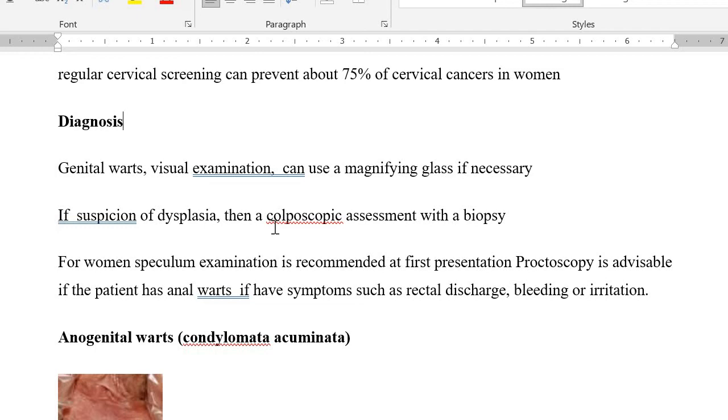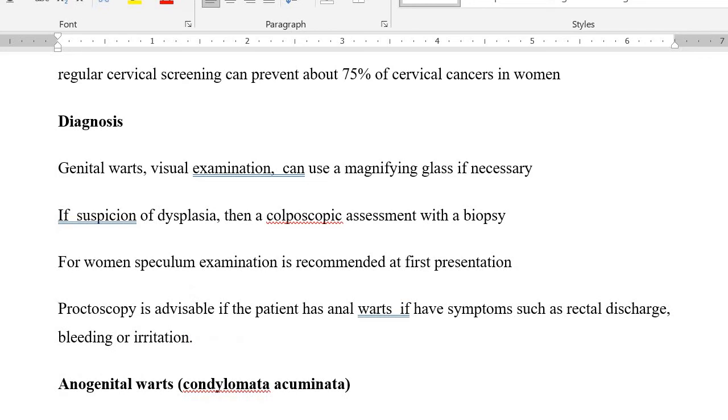If you cannot see anything, then we can use a magnifying glass. If there is suspicion of dysplasia, then a colposcopic assessment can be done with a biopsy. For women, speculum examination is recommended at the first presentation, and proctoscopy is advisable if the patient has anal warts. So first of all a simple examination, and then we do the proctoscopy, depending upon the practices of the patient.